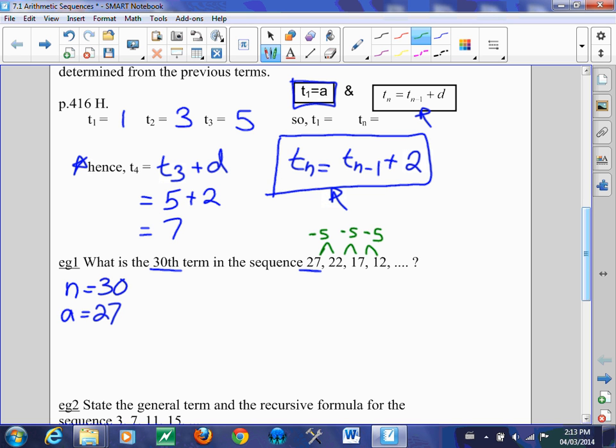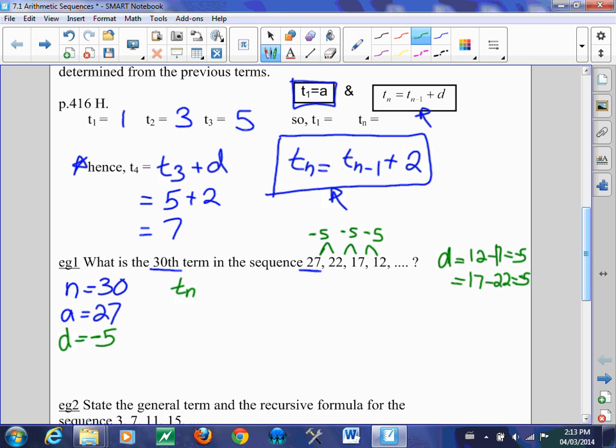Okay? Again, if you're not sure, d in this case would equal 12 subtract 17, which equals negative 5. Or 17 subtract 22, which equals negative 5. Okay? So in this case, we've now developed that d equals negative 5, and all we have to do is sub it into our general term. Okay?